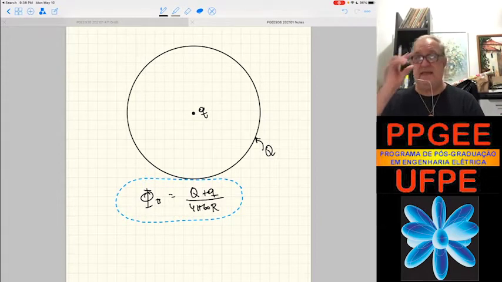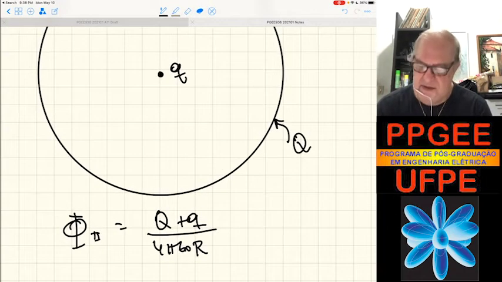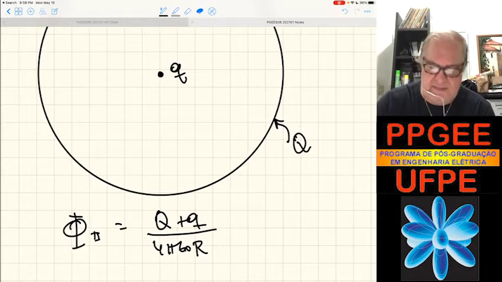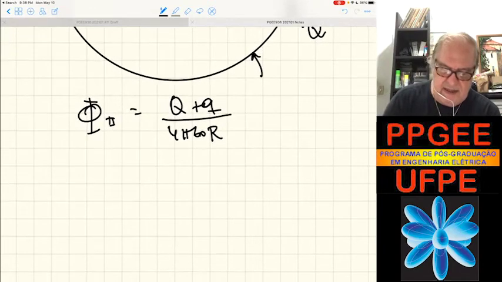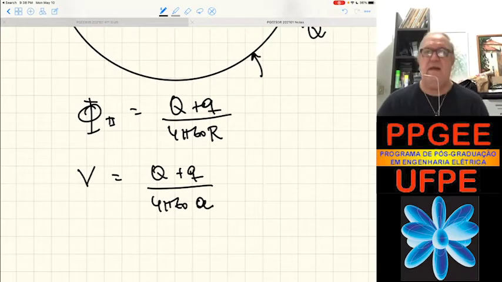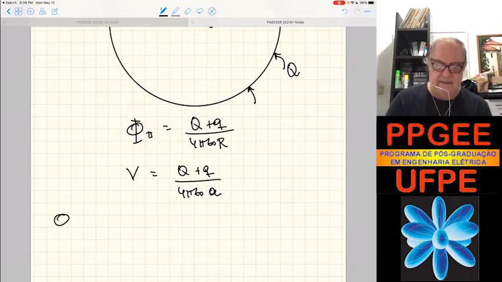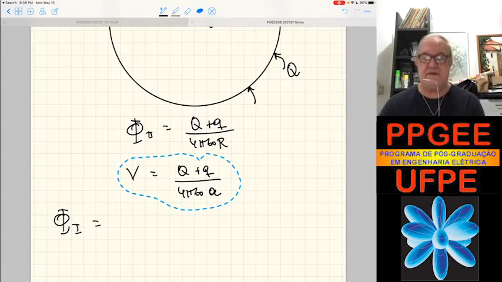What's the solution inside? Well, you ask yourself, what is the potential of the surface here? Just calculate. The potential is V equals Q plus q over 4 pi epsilon 0 A. So the solution inside is the one that gives me a potential V on the spherical surface.